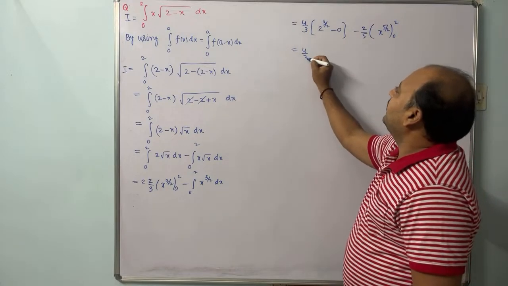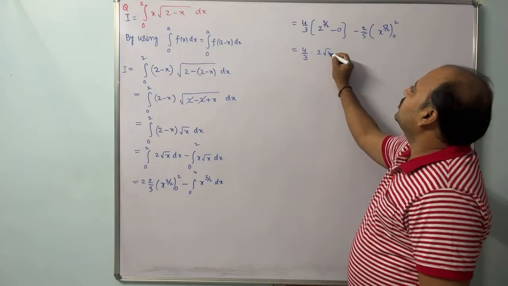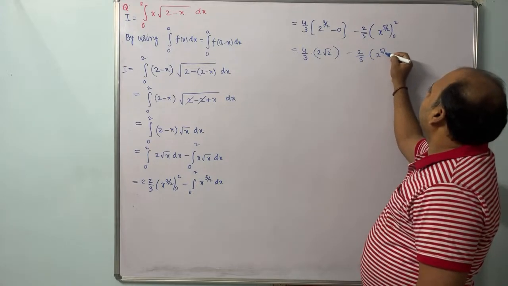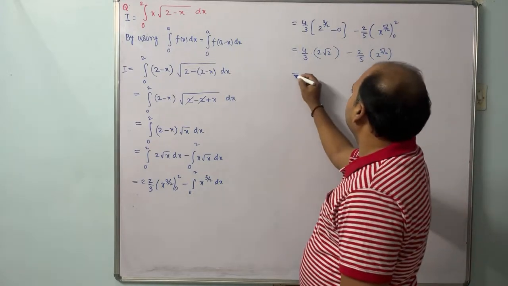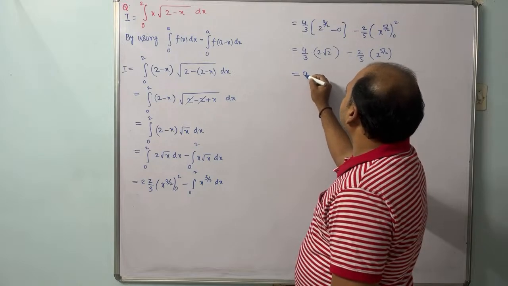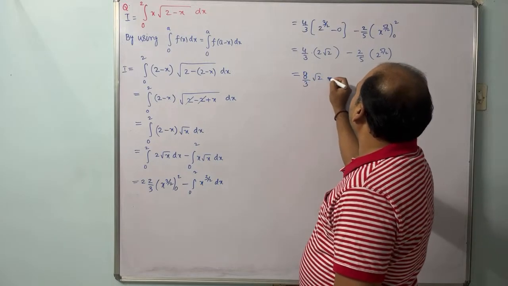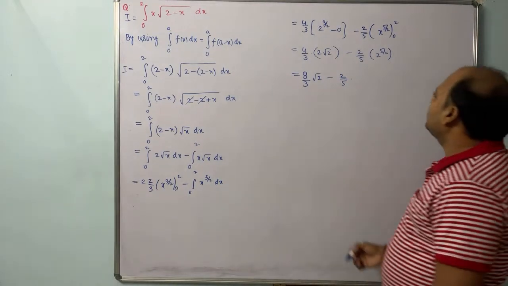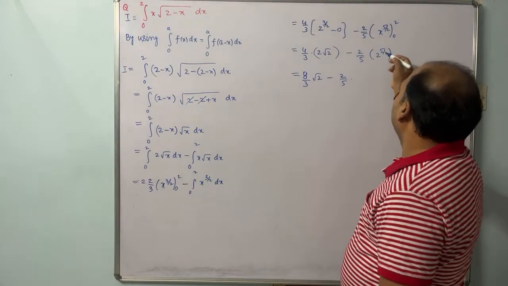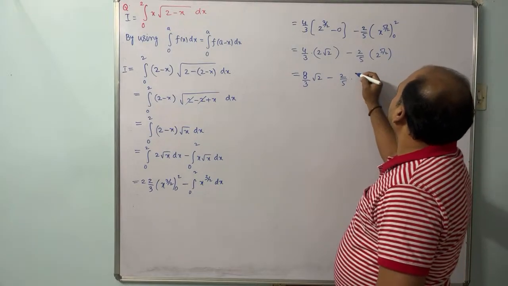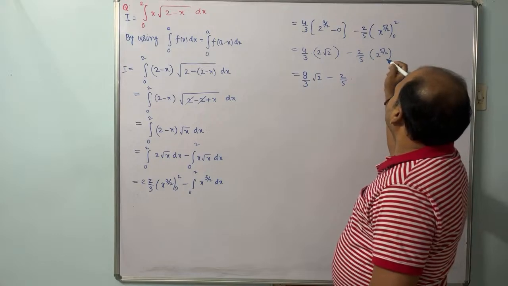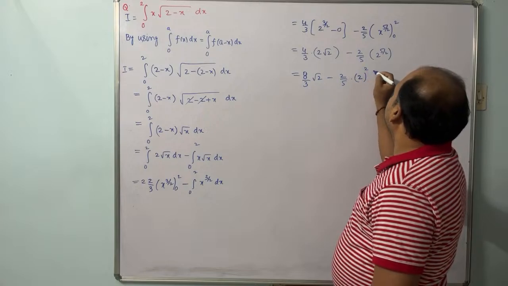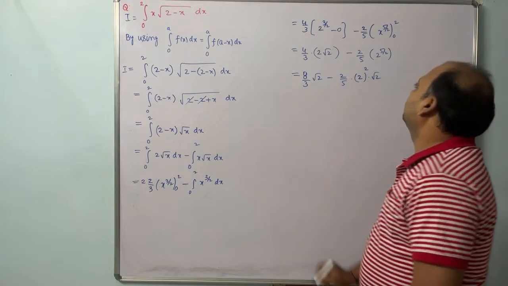So 4 by 3, 2 power 3 by 2 means 2 into root 2, minus 2 by 5, 2 power 5 by 2. We can write 2 power 5 by 2 as 2 square into 2 power 1 by 2, that is 4 into root 2.